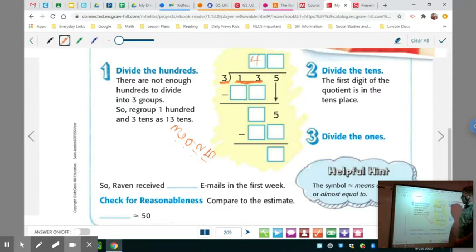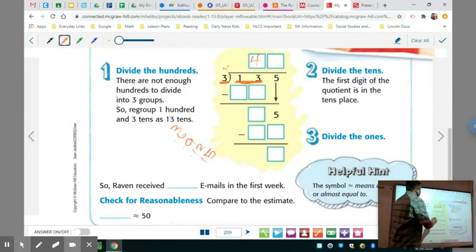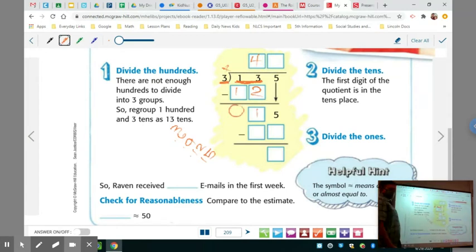So what is 4 times 3 again? 12. You're going to put that right here. When you subtract that, what do you get? 13 minus 12 is 1. You don't have to put the 0. I see a lot of you doing that. To me, that just adds an extra number you're going to get confused with. In math, if it's 1, you don't have to worry about the 0.